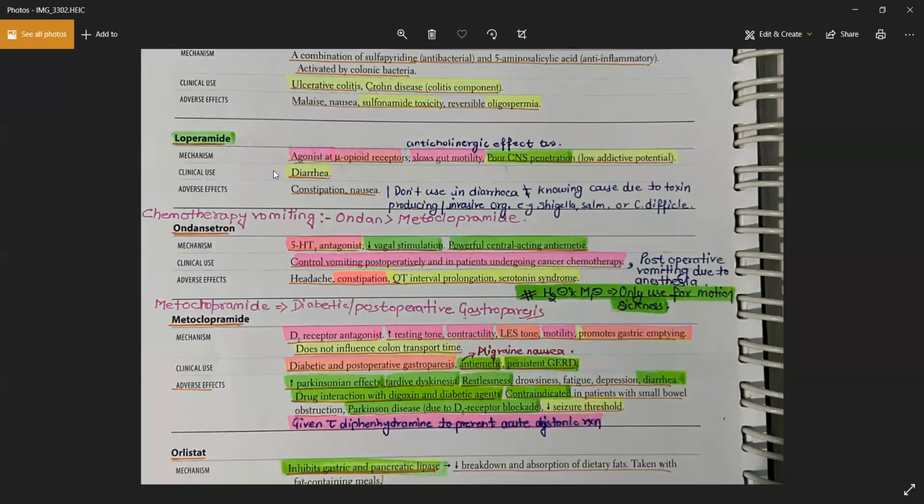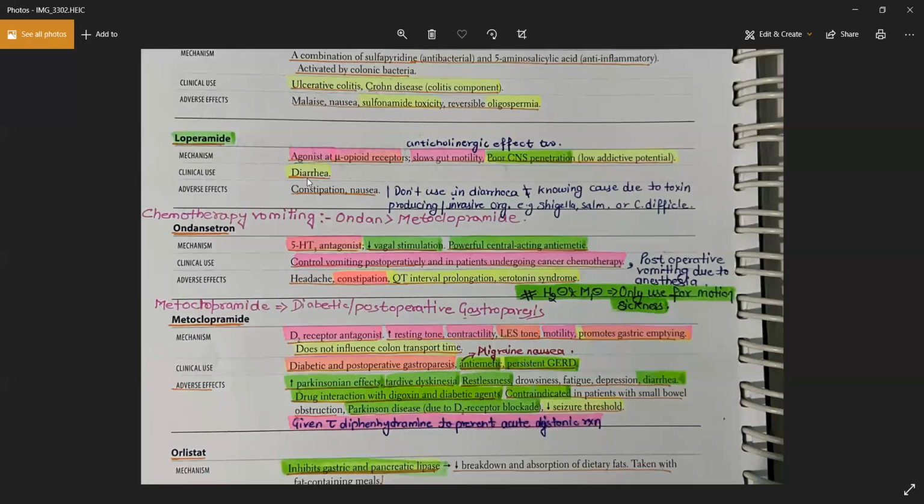Because in case of toxin-induced diarrhea or any infectious diarrhea, you need to eliminate the toxins from the body, right? And the toxins can be eliminated by the diarrhea only. That's why you won't give loperamide in toxin-induced diarrhea.